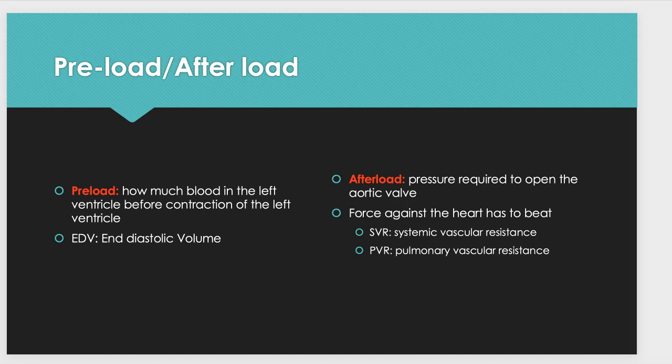Preload is how much blood is in the left ventricle before the contraction of the left ventricle. This is also given the term end diastolic volume. Afterload is the pressure required to open the aortic valve. It's the force against which the heart has to beat. We have systemic vascular resistance, or SVR, and PVR is the pulmonary vascular resistance.